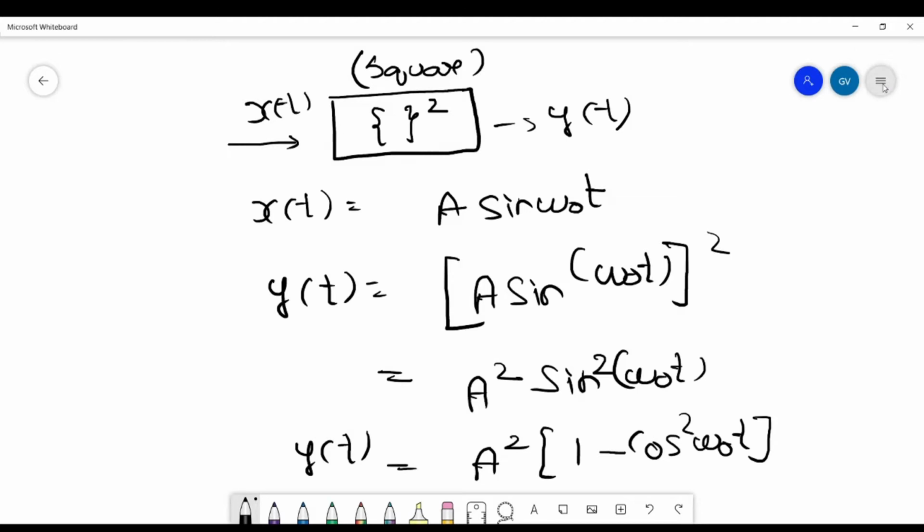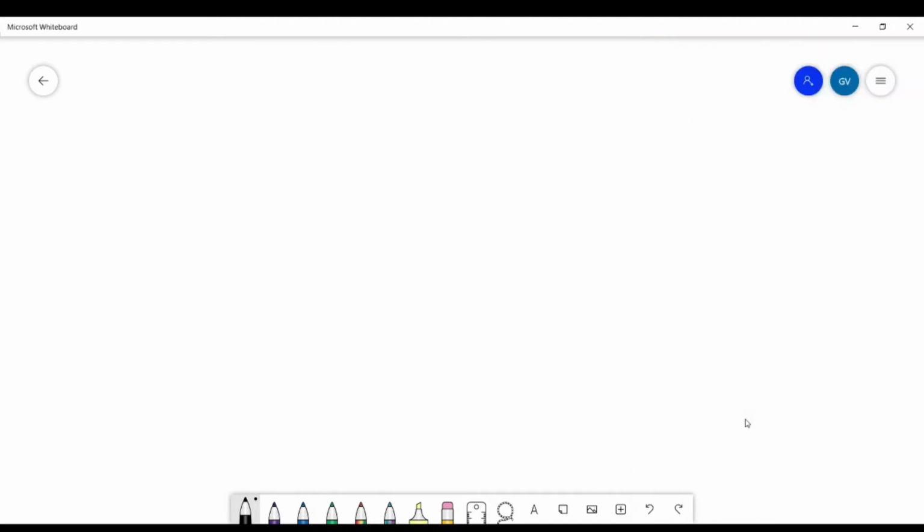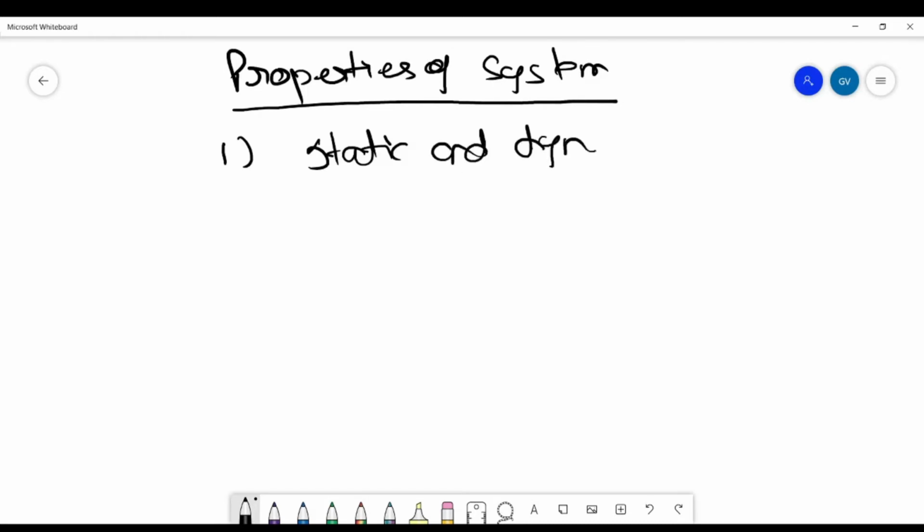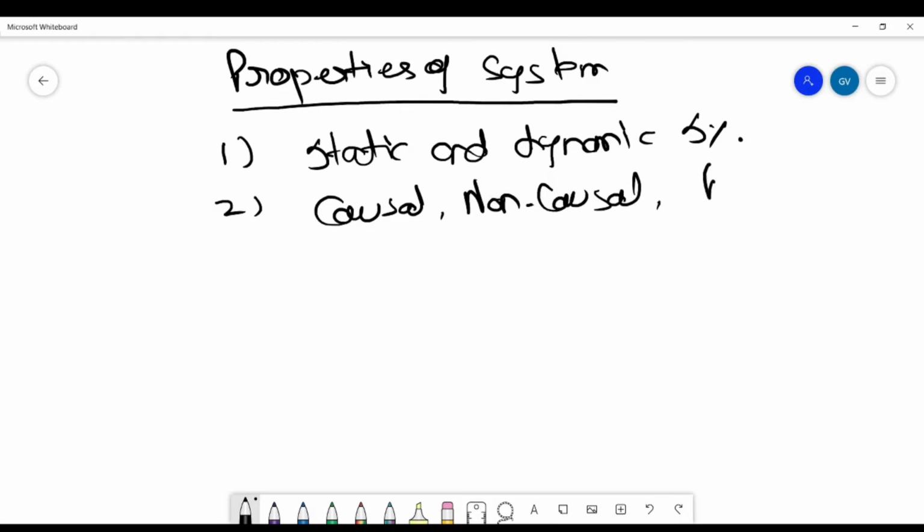Now let's discuss the properties of a system. There are namely six properties of a system. The first is static and dynamic system. The second one is causal, non-causal, and anti-causal system.